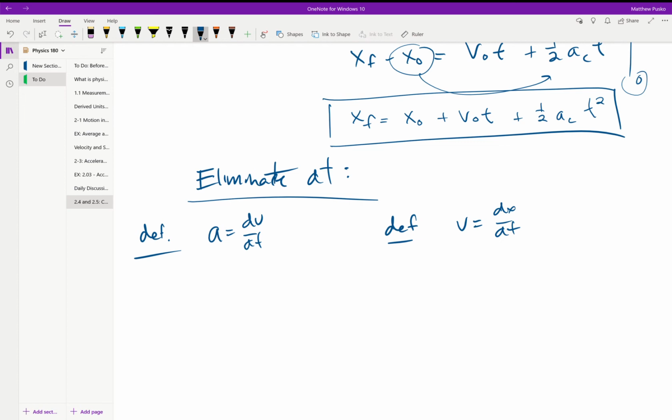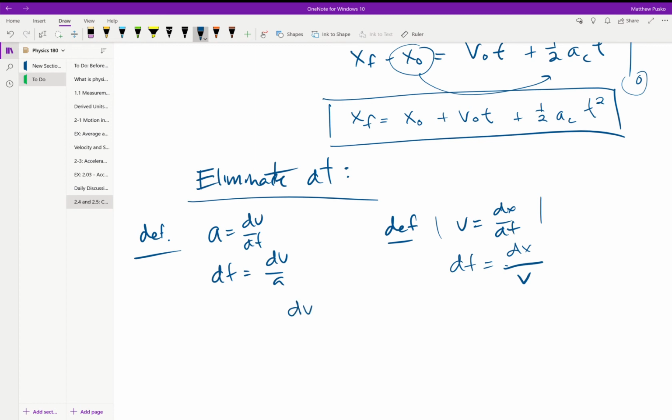Let's solve these things for t and set them equal to each other. That would give me dt is equal to dv over a for this one. And on this definition right here, I get dt is equal to dx over v. Alright, let's set those equal to each other then, because they're both equal to dt.